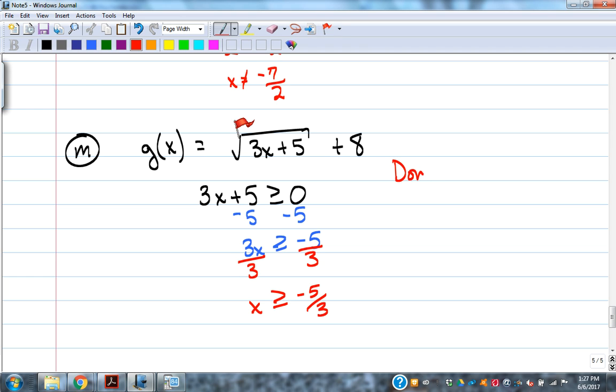So my domain then, the set notation is the easy part. You just copy it straight over. The interval notation, it's actually a little easier on this one.